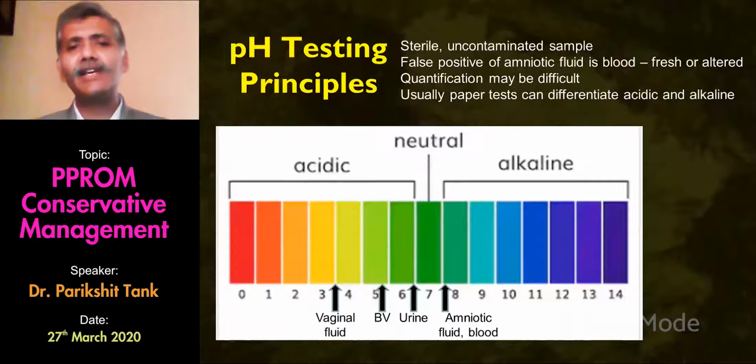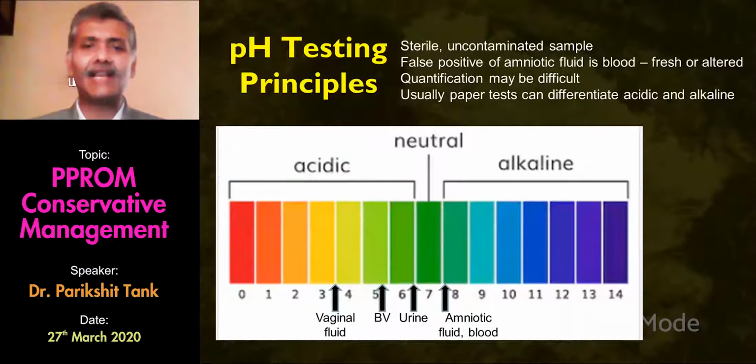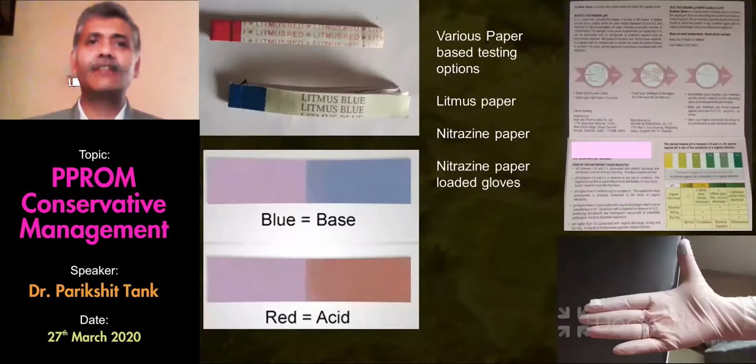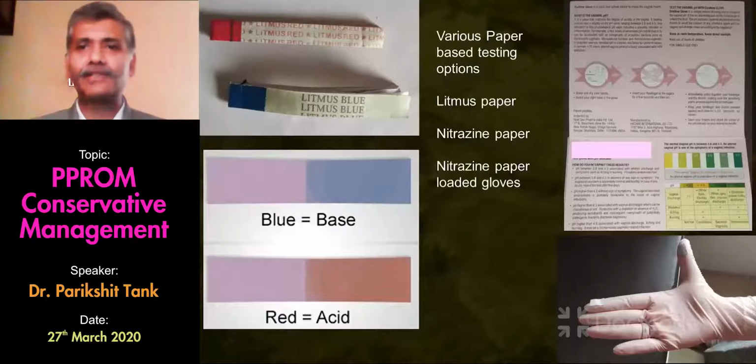Urine is nearly neutral, may be slightly acidic or slightly alkaline, depending on a number of factors, including diet, the type of medications, etc. So having understood that amniotic fluid is basic or alkaline, let's look at the various paper testing options that we have.